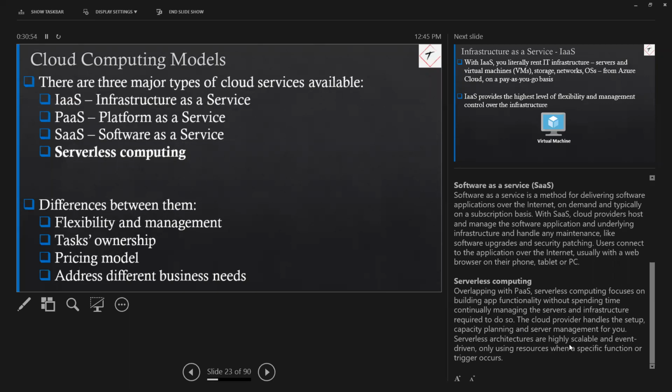Serverless architectures are highly scalable and event driven, only using resources when a specific function or a trigger occurs. Right. So those are the key differences between infrastructure as a service, platform as a service, software as a service, and serverless computing.